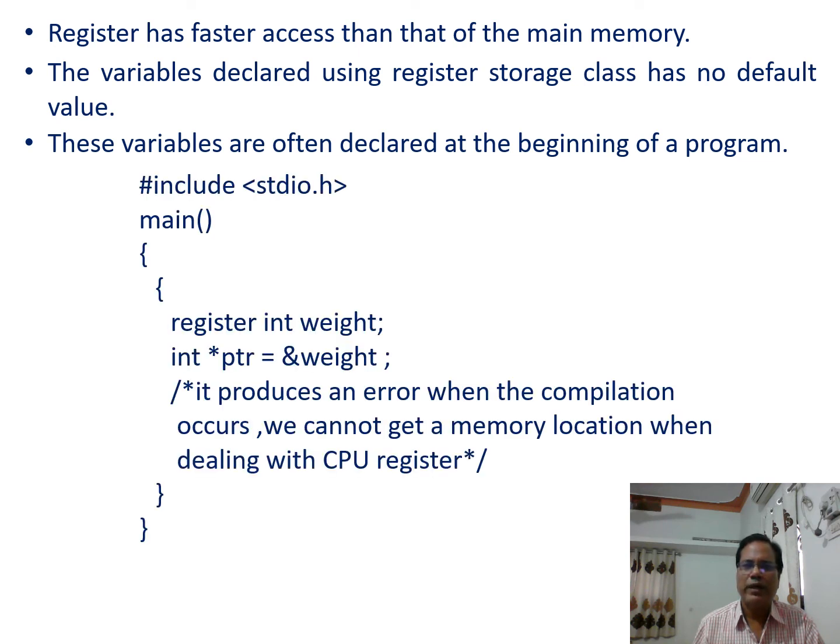So here an example is given. Register int weight. This variable weight is declared in the register storage class, and when this program is run, it produces an error at compilation.